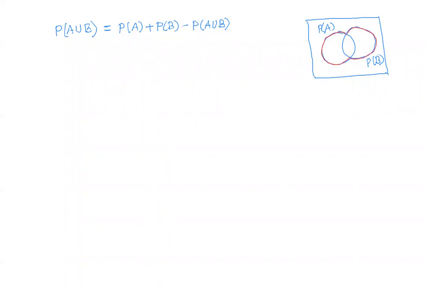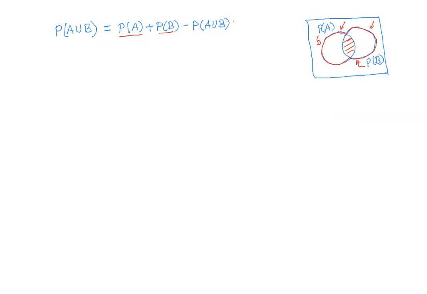But note that this middle region is calculated twice. Once with probability of A and once with probability of B. So since it is being calculated twice, you subtract it once. When I say P of A, that means the left circle. P of B, that means the right circle. Then A intersection B, which means this middle portion.